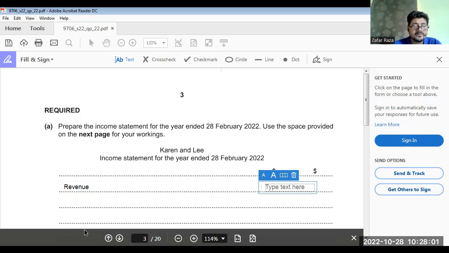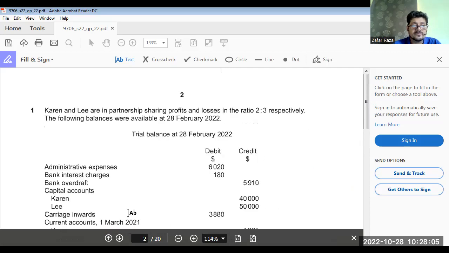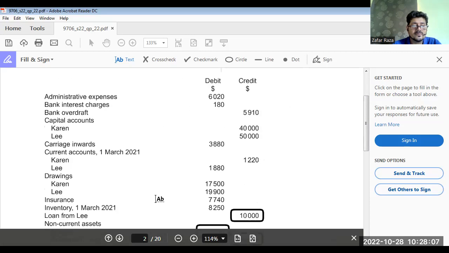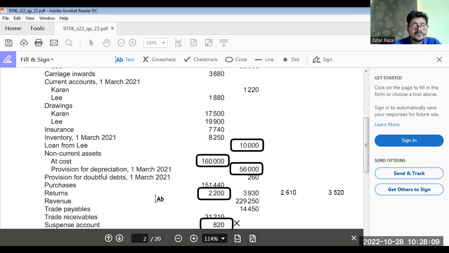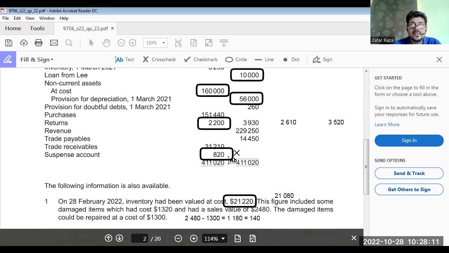See, revenue is 229,250, and this is written inwards. Now 2,610 we have to deduct.